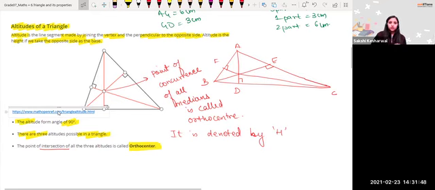Now you just see this. This is a right angle triangle, right? So you see that this is an altitude, right? Hold on. Stop sharing. I think I got a wrong link over here. This is an altitude. Hold on.